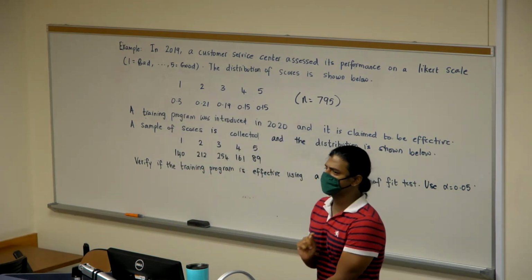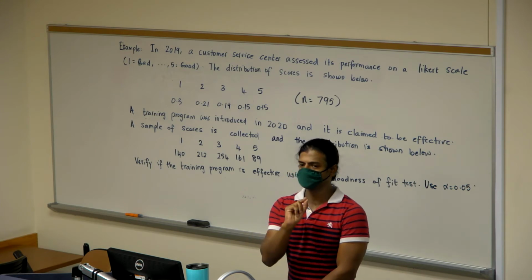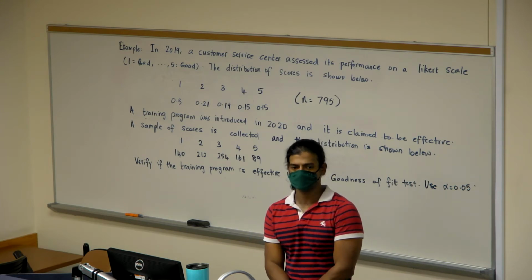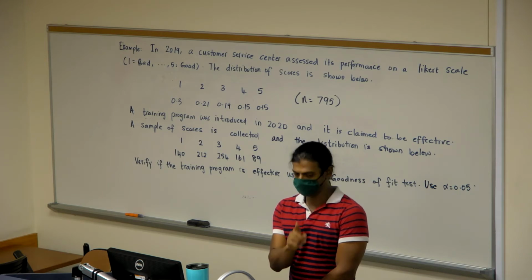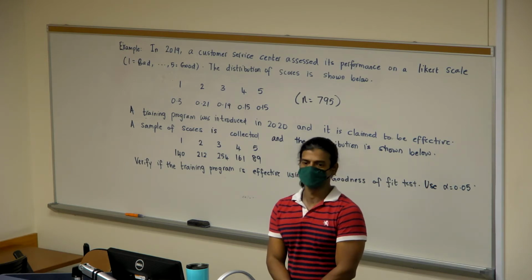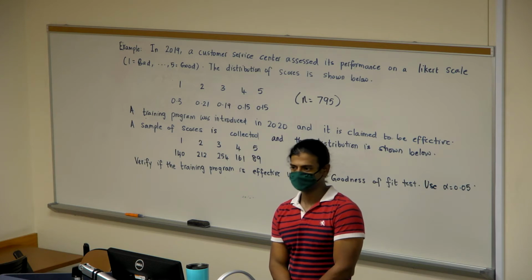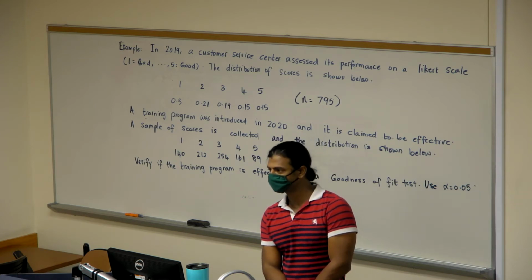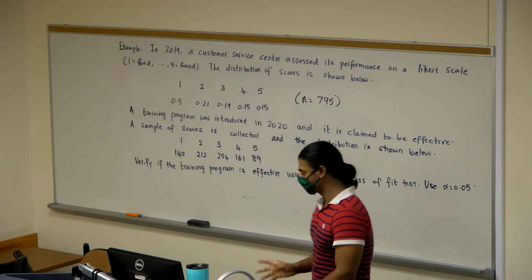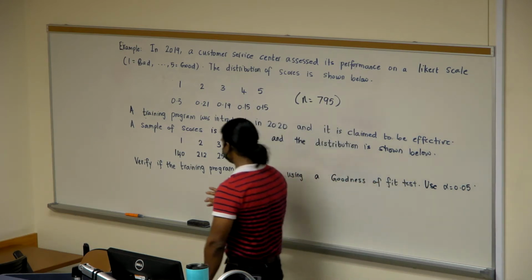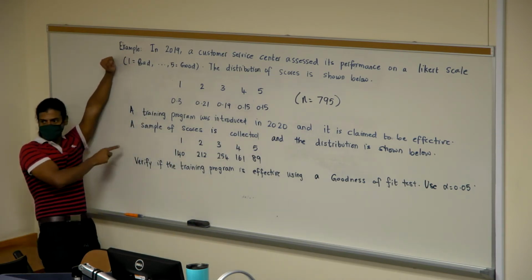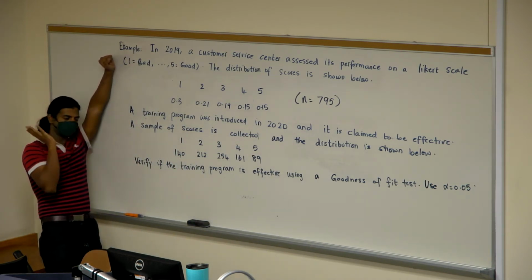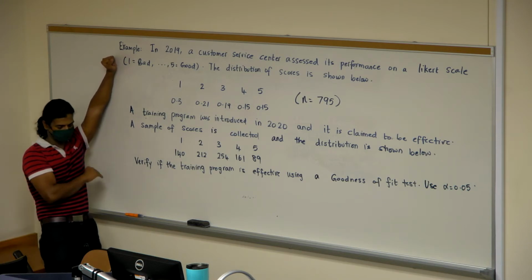Now, there is another test that one may want to use. What is the other test that one can use? But if you use it, would it be right? So one may say, well, I could just take the average of this and average of that, compare the two averages, and say, oh, yeah, effective, not effective.